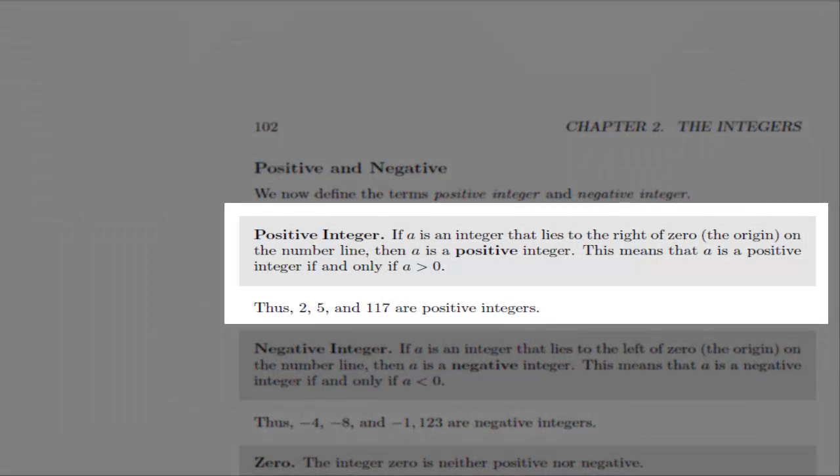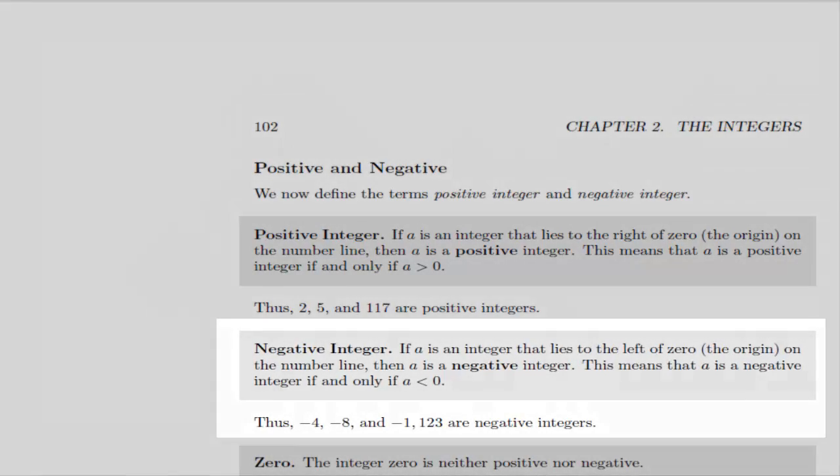Positive integer. If a is an integer that lies to the right of 0, the origin, on the number line, then a is a positive integer. This means that a is a positive integer if and only if a is greater than 0. Thus, 2, 5, and 117 are positive integers. Negative integer.